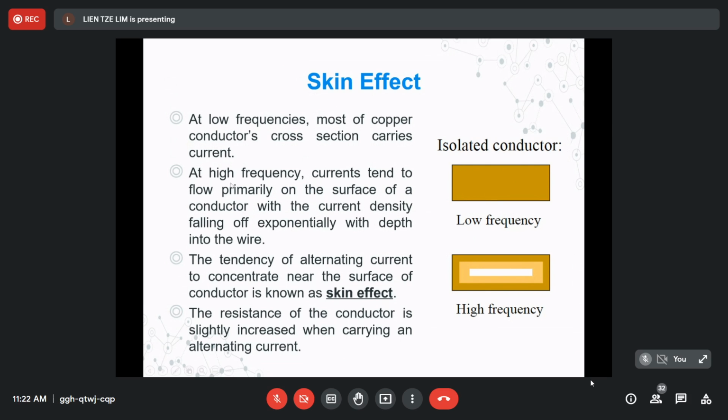At high frequency, currents tend to flow primarily on the surface of a conductor, with the current density falling off exponentially with depth into the wire. So this is a wire that carries current at high frequency. Currents tend to flow on the surface. This is the surface.